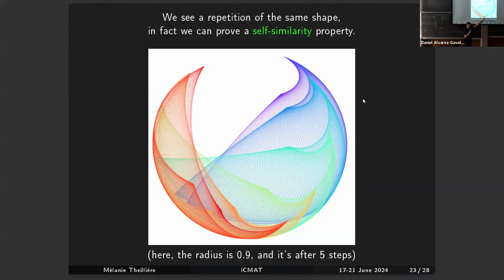We don't really have this feeling on the picture because there's also a rotation of the pattern on the unit sphere, but there's really a self-similar property. And here we are really close to the boundary, at radius 0.9. So the self-similar property is on the normal map and not on the surface itself.